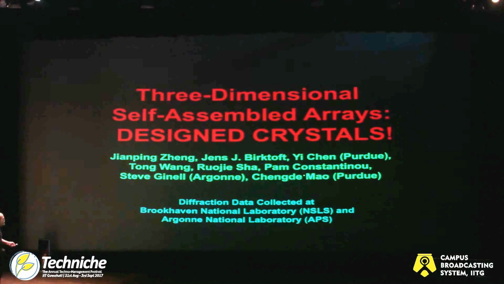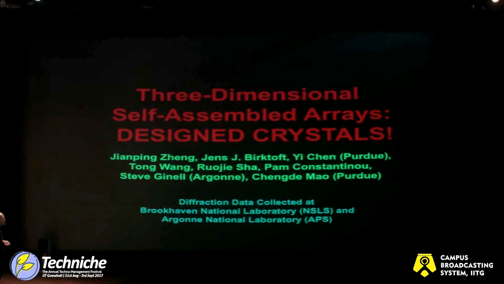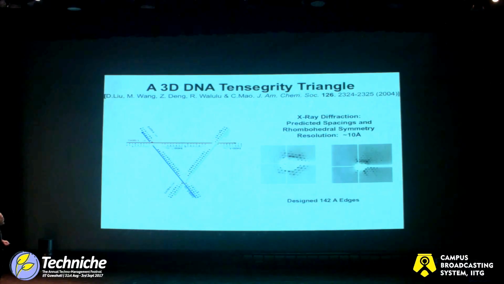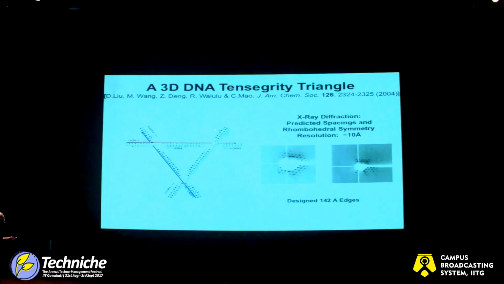Chengde was my student. We still collaborate. And Tong Wang, Ruojie Sha, and Pamela Constantinou from my lab, and Steve Jänelle from Argonne. And we used a motif that obeys Wenyan Yu's rule, but it was developed by Chengde, and it's called the tensegrity triangle. So I wouldn't have called it that, but he did.